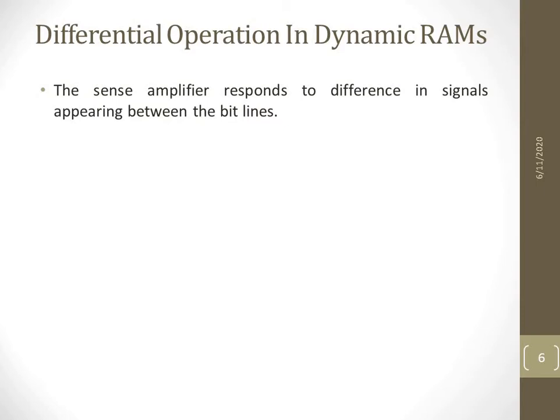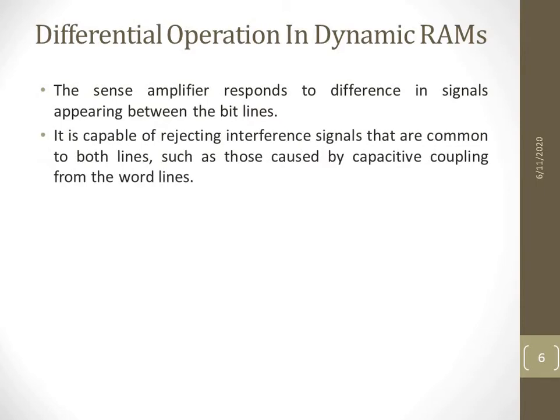Maybe it might be logic 1 itself, but might have lost some charge. So if it is less than 50%, it is treated as 0, which is not the proper answer. So the sense amplifier senses and responds to the difference in the signals appearing between the bit lines.